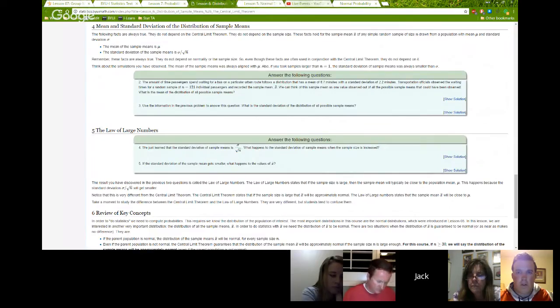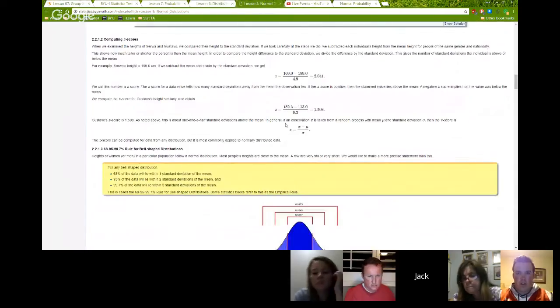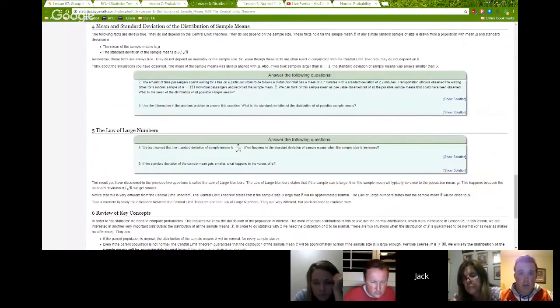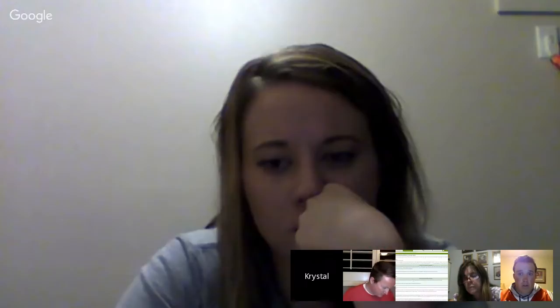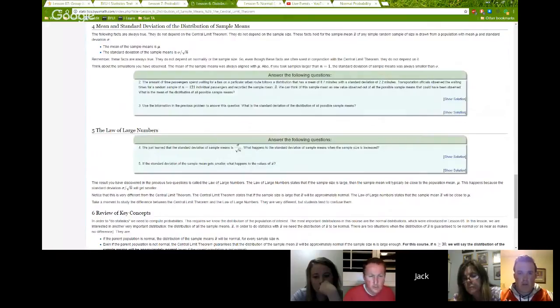Are we all together right now for this one so far? Those two formulas are just from the textbook. We have this one for the z-score, and then we have this one for the standard deviation of sample means. Everyone with me? Yeah, so far.